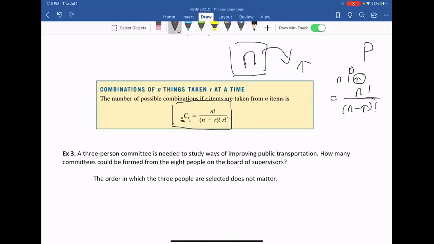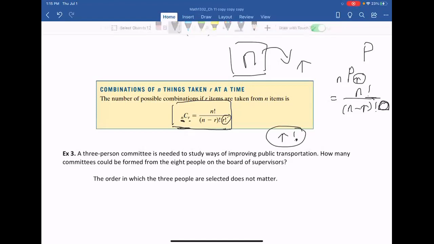But right now, for the combination, the order of the R doesn't matter. So we need to divide by R factorial, because R factorial means we order the R in how many ways. Now in the combination, we don't need to order the R, so we just divide by R factorial.